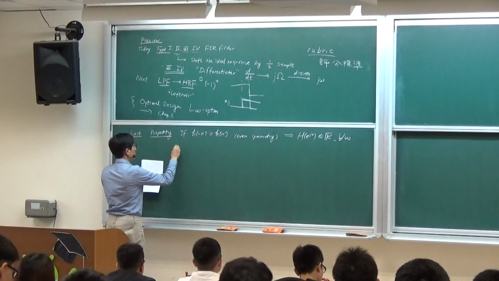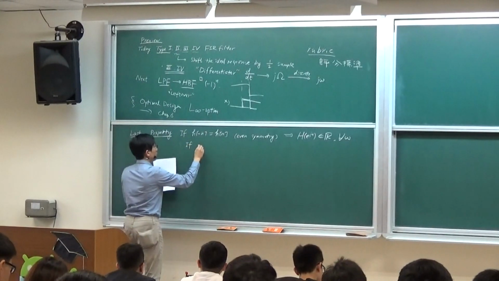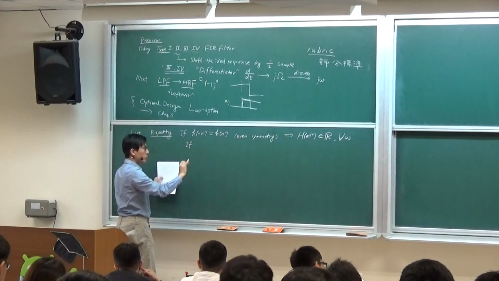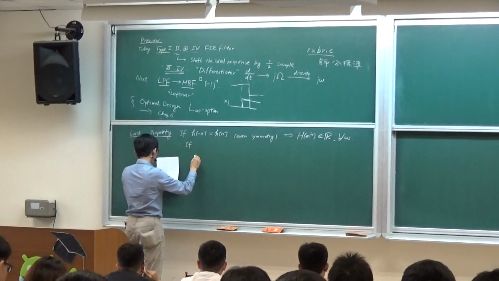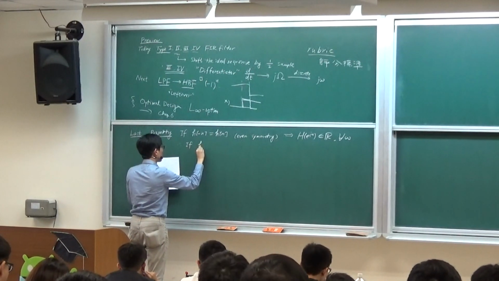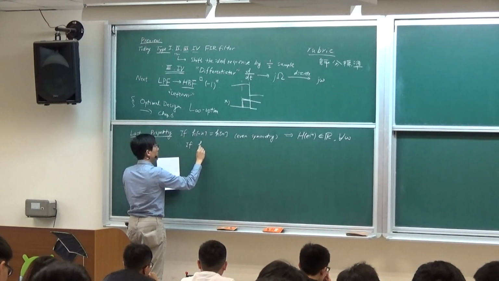So let's say, therefore, if this is an FIR, we'll shift everything to the right. So that gives us this shifting to the right by a few samples.